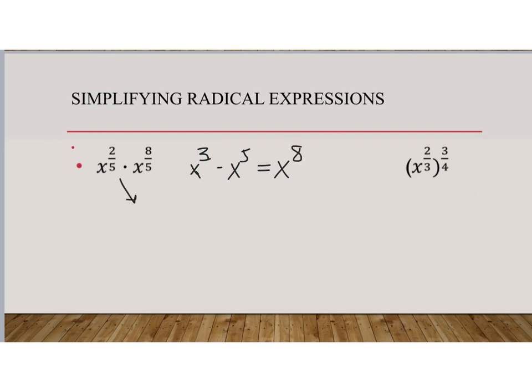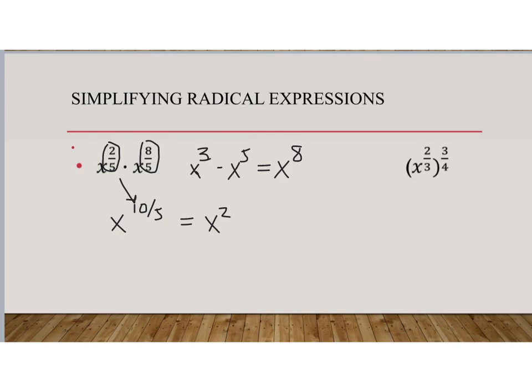So in this example, we're going to keep the base. We're going to add those powers. Now those powers are fractions, so in order to add them, you need to have a common denominator. And then we'd have 10/5. Keep the denominator and add the numerators. That'd be the same as x squared.